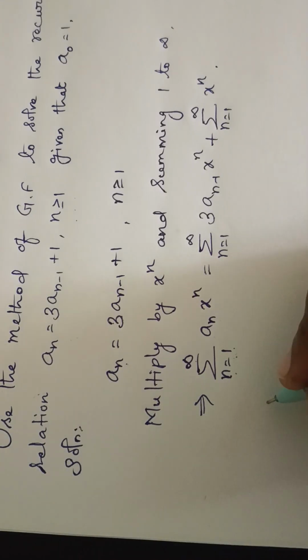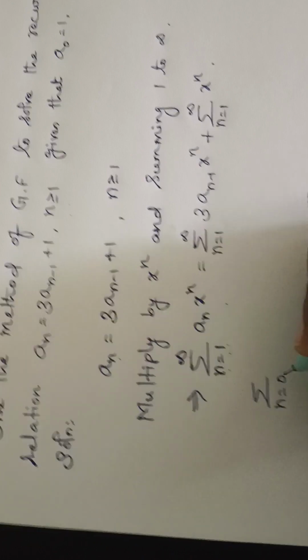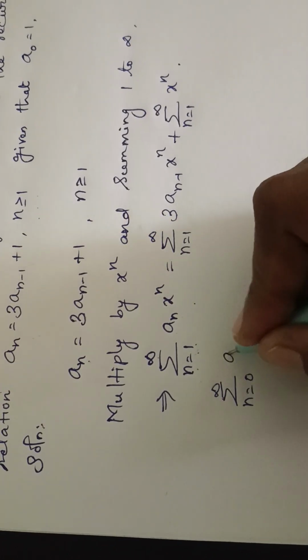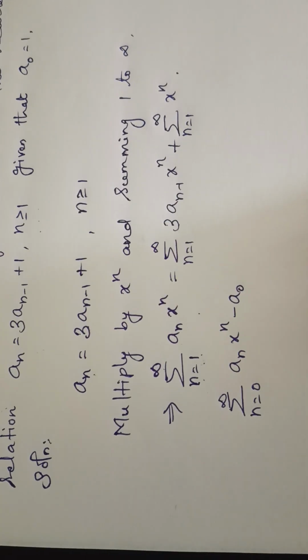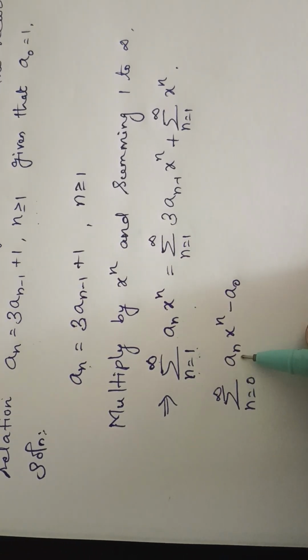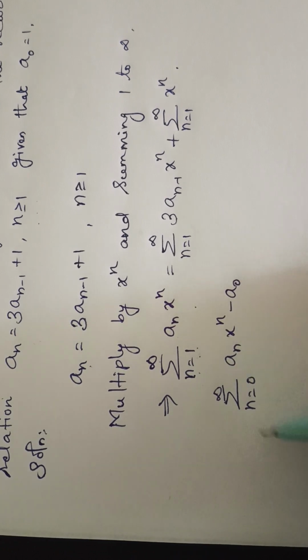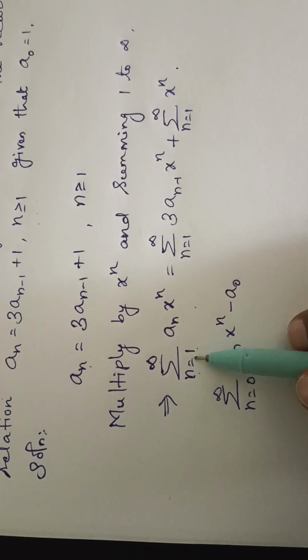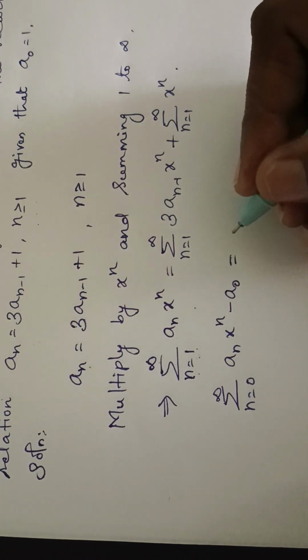So instead of this term I can write summation n equal to 0 to infinity a n x power n minus a naught. Check whether it is correct or not: a naught plus a1 x plus a2 x square plus etc. minus a naught. The a naught cancels, and the balance is the previous term, n equal to 1 to infinity a n.